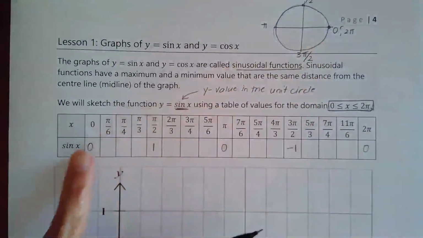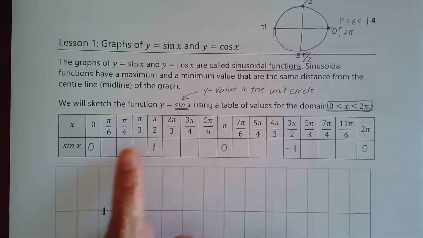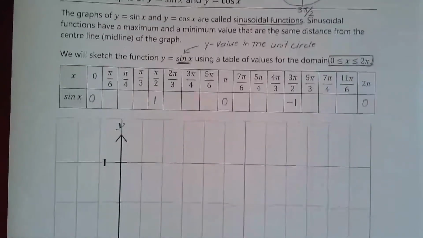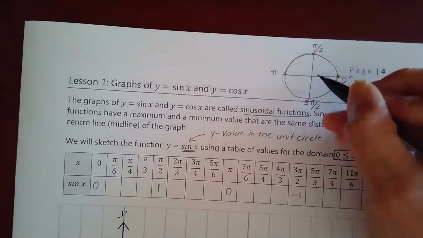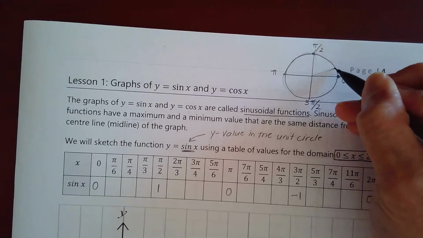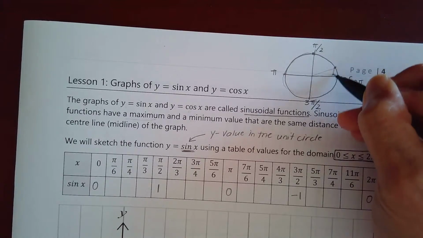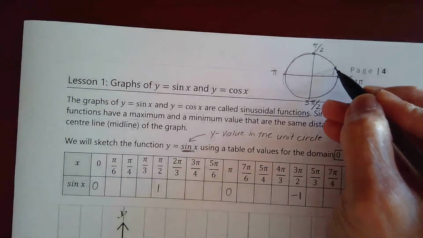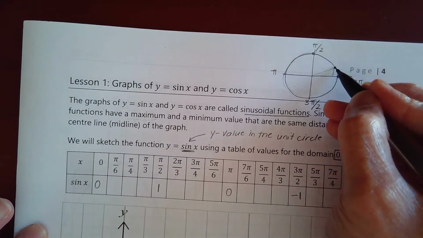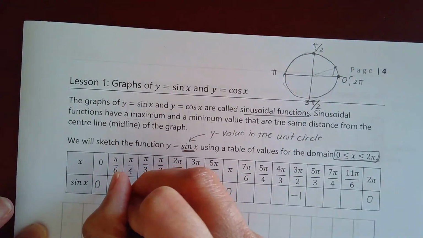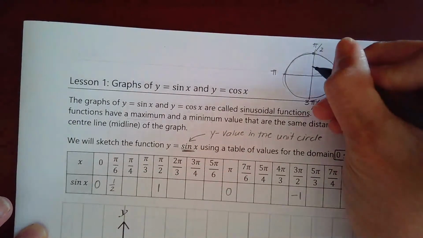Now we could figure out the rest of these values. These ones are the key ones that we could do. Where's pi over 6? Pi over 6 is right here. How far up is that? What's the y value? At pi over 6, that's 1/2.